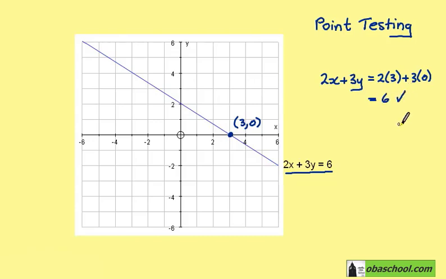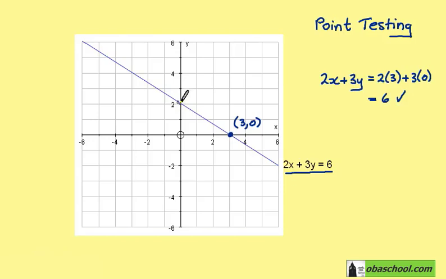Note the equation is 2x plus 3y equals 6, and if we use x is 3 and y is 0, 2x plus 3y does give us 6. It's important because this point is on the line, so it must satisfy the equation.